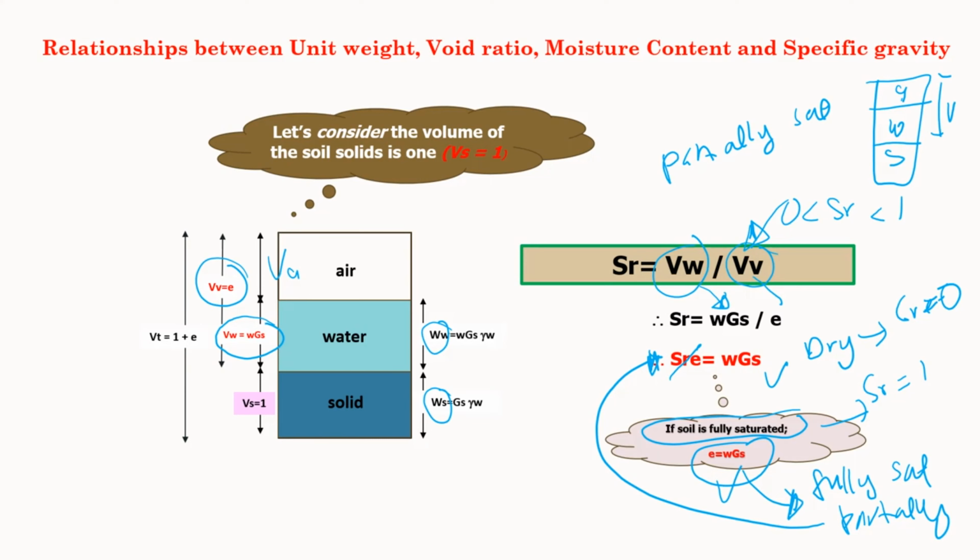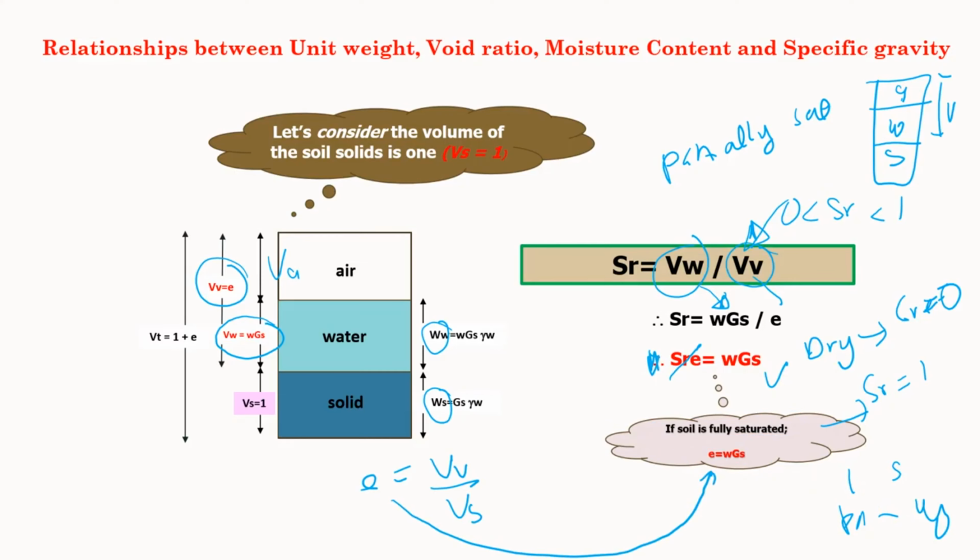So remember, another equation that we can use for void ratio: we know the basic is Vv over Vs, but you can also use this equation to calculate void ratio if the soil is fully saturated only.